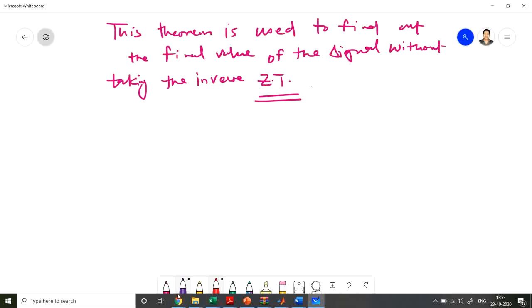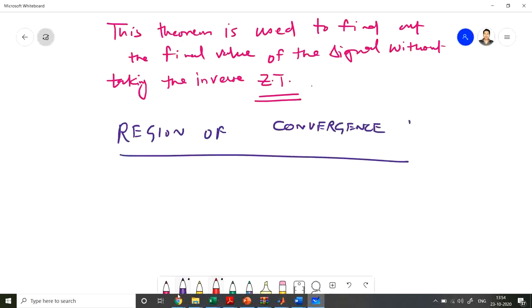That important point is the region of convergence of the Z transform. So what is the region of convergence?